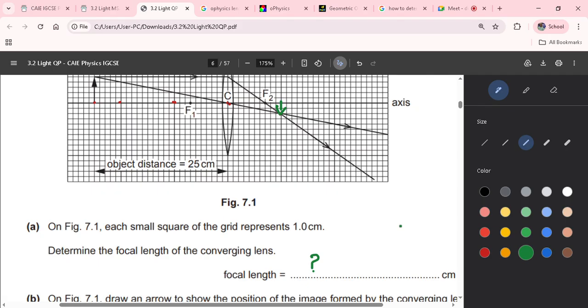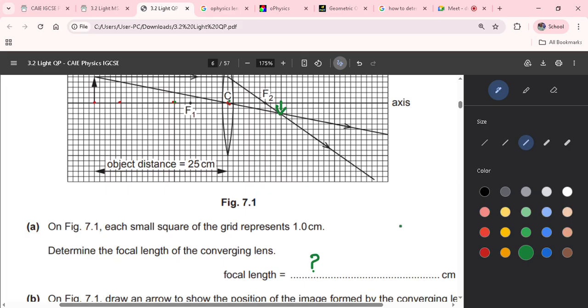Convex. Yeah. Is it 10? Why 10? 10 is from this to this. Now it's from C to F1.